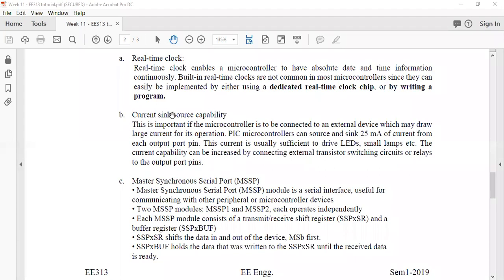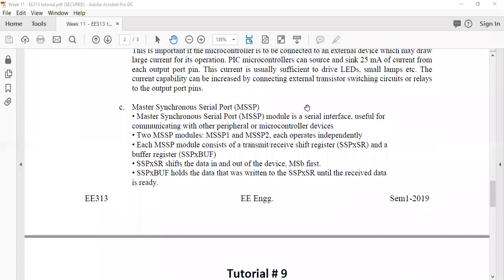C, the master synchronous serial port. In this case, we are dealing with a serial communication port. You might have come across the master-slave configuration. This module gives the microcontroller the ability to act as a master, to give out instructions to the other peripherals connected to it. It acts as a controlling unit.